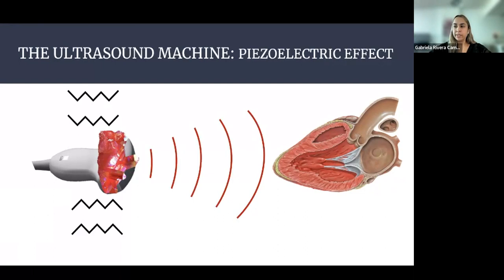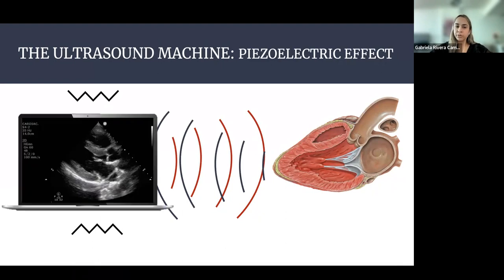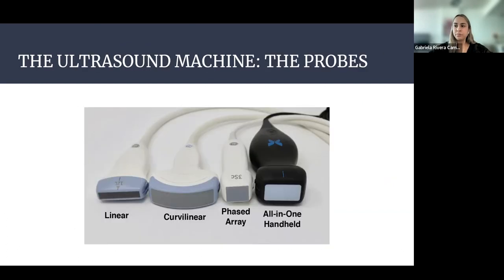The tissue reflects sound based on their degree of density and elasticity, which in turn causes the returning sound waves to vibrate the crystals in the probe when they return. And this in turn causes an electric signal to be produced, which is then transmitted back to the computer. So depending upon the length of time and the strength of those returning sound signals, an image is produced.